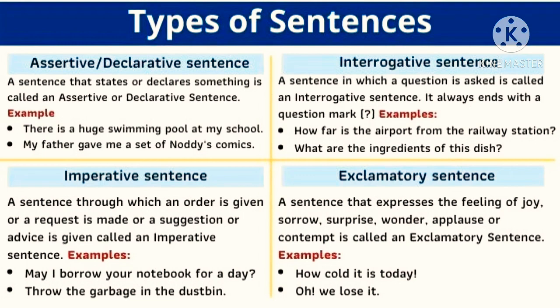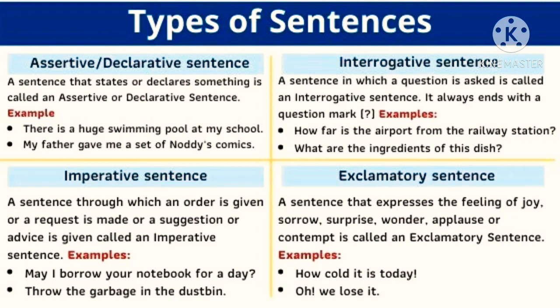A sentence that states or declares something is called an assertive or declarative sentence. For example, there is a huge swimming pool at my school. My father gave me a set of Noddy's comics. So here you are getting information. That's why these types of sentences are known as assertive sentences.